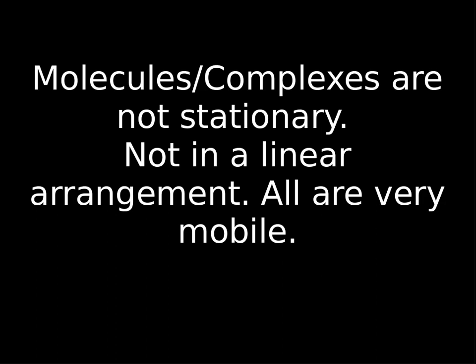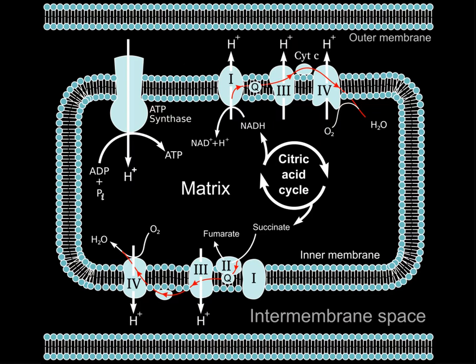We've increased the likelihood of that happening by having a couple very mobile electron carriers in this process. We have coenzyme Q, that is this shuttle between 1 and 3 and 2 and 3. And then we also have cytochrome C, that's this shuttle between 3 and 4.